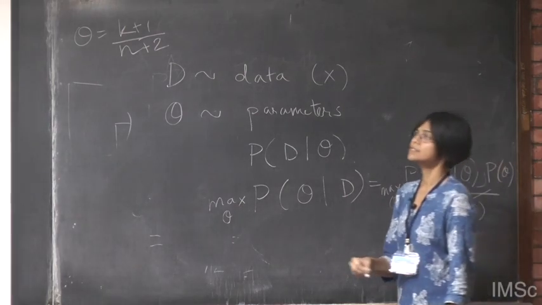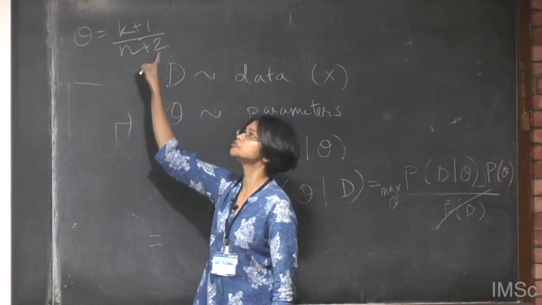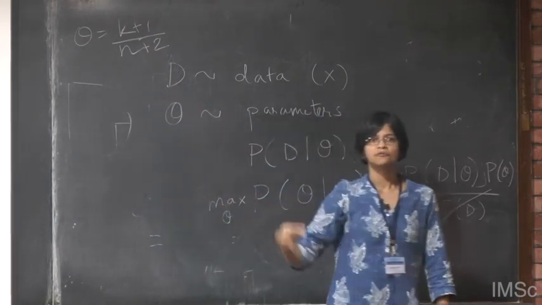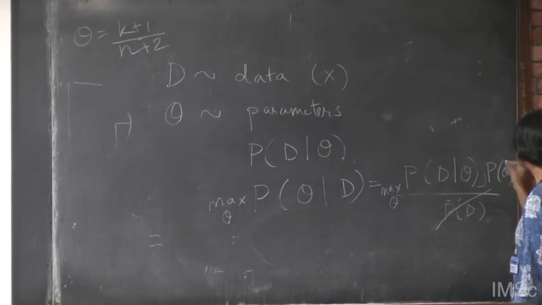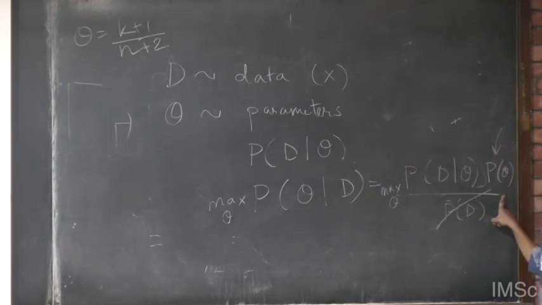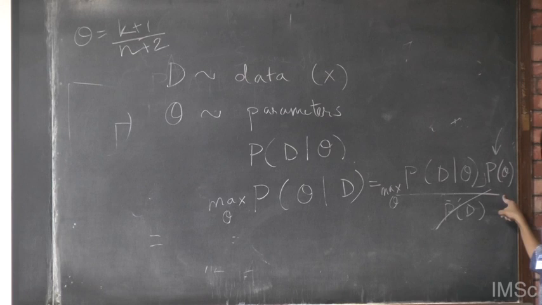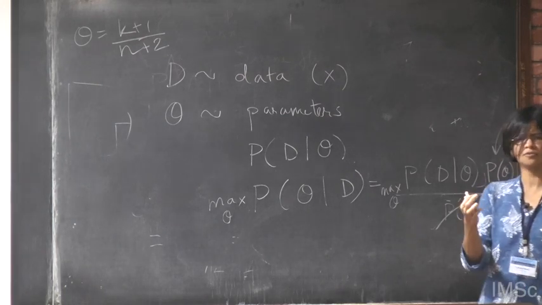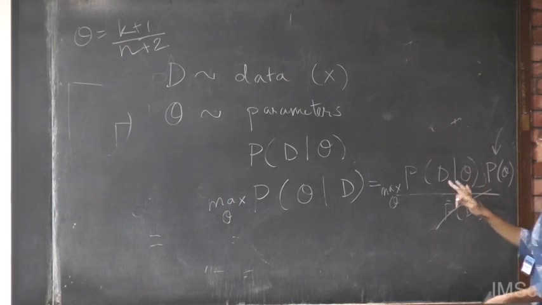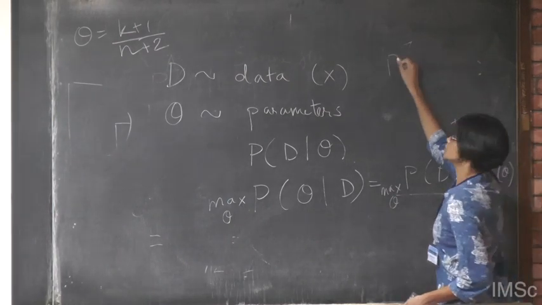And if you're a Bayesian that thinks like this, that you should just add a few counts, what you're saying really is, I have a prior over my theta, which is of a very specific form. It is like a beta distribution. Anybody knows what a beta distribution is? Doesn't matter, I can tell you.